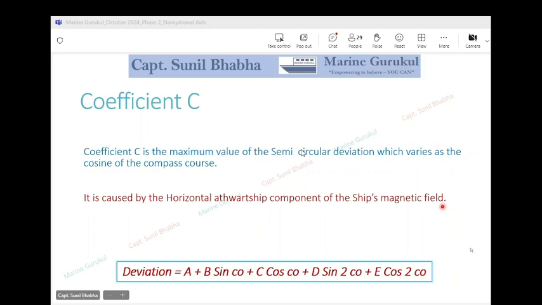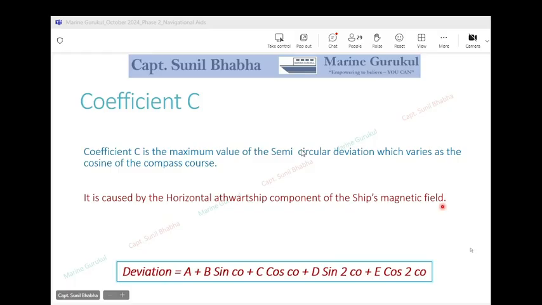If you look at the definition carefully, you will realize that it is very much similar to coefficient B. In fact, coefficient C has almost the same properties as coefficient B, with only one difference.